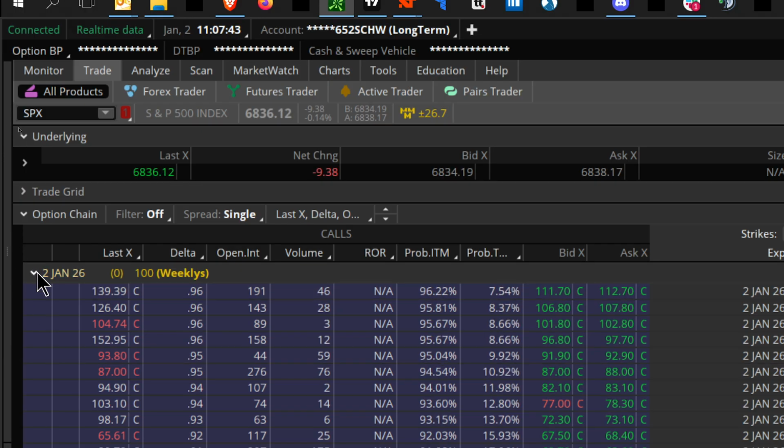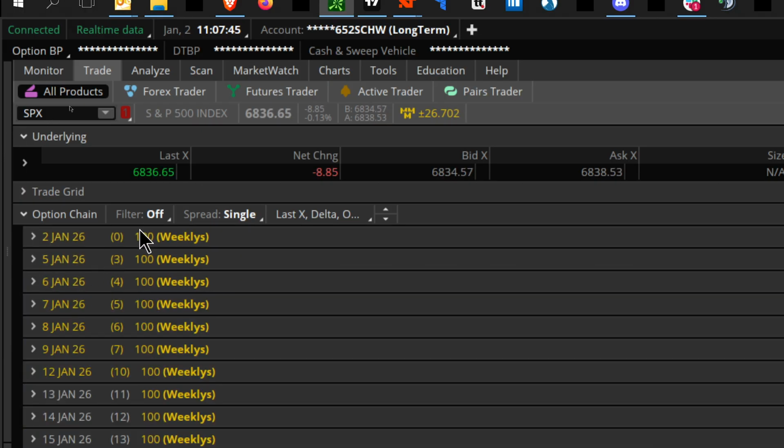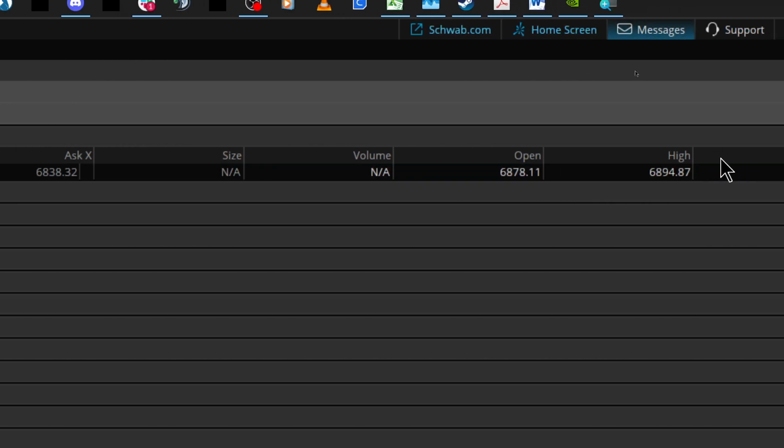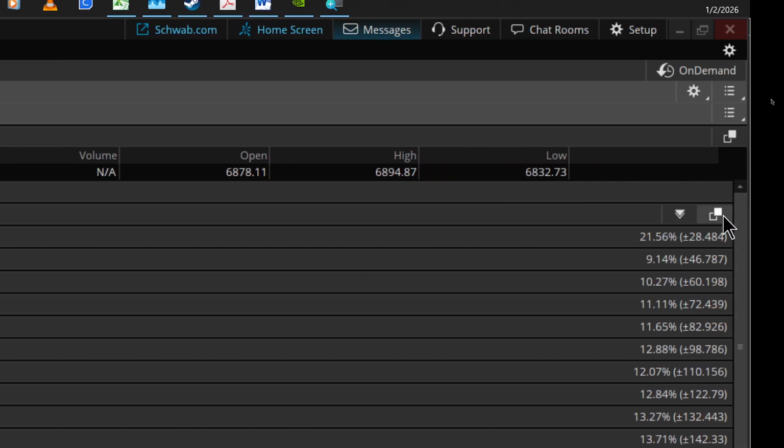Let me point out, I'm going to collapse this option chain here. We've got the 0-day, then the 3-day, which will be Monday. If we go back over to the option chain, you'll notice a move of $28, then a move of $46. This 21% is oddball.